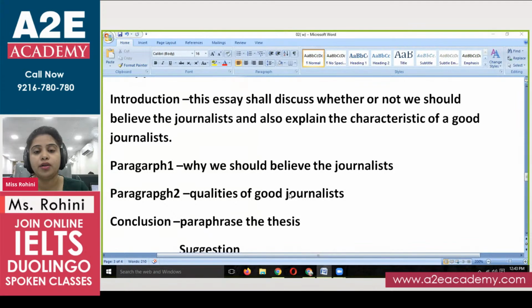Is it clear to all? So you can write all this information here in body paragraph 1. Firstly, we have discussed that they are the ultimate source of information. Without them, it is very difficult, very hard to get up-to-date knowledge. Okay, but then I use a connector where I give factual information that there are many journalists who spread ill-founded news and rumors to gain profit and just for the sake of selling their newspapers.